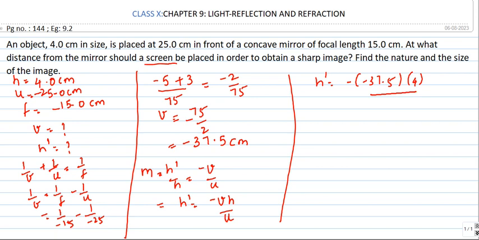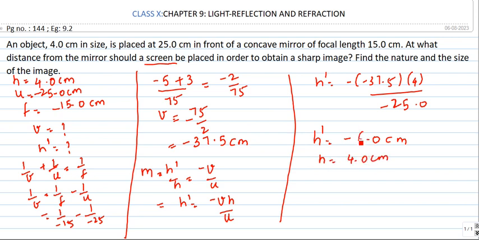This is positive because it is lying above the axis. And u is minus 25. So when we solve this, what we get is h dash is equal to minus 6 centimeter.